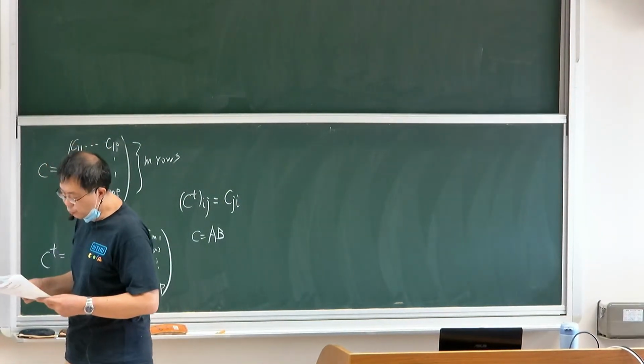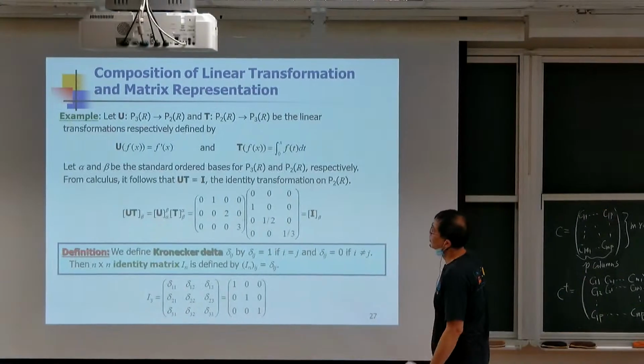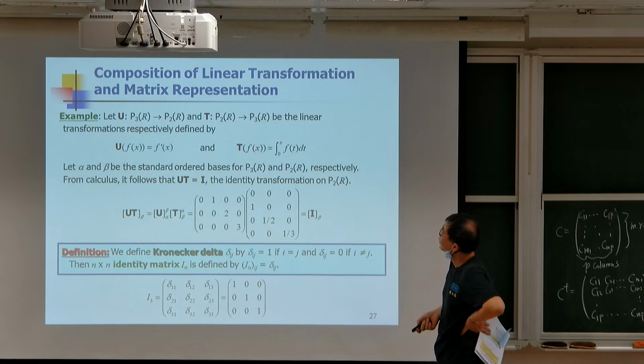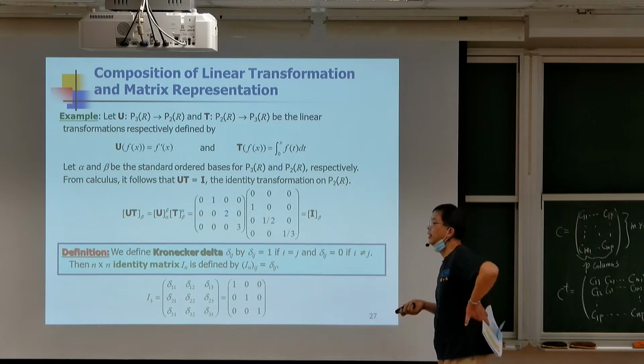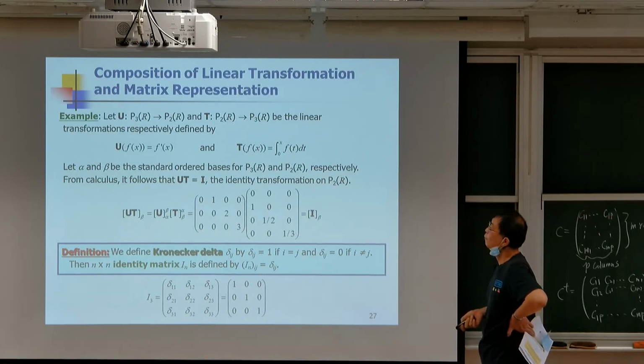Okay, so now we will take some examples. Suppose U is a linear transformation that transforms a degree 3 polynomial to a degree 2 polynomial by taking the derivative of the polynomial. And T is the linear transformation from degree 2 polynomials to degree 3 polynomials by taking the integral of the polynomial.